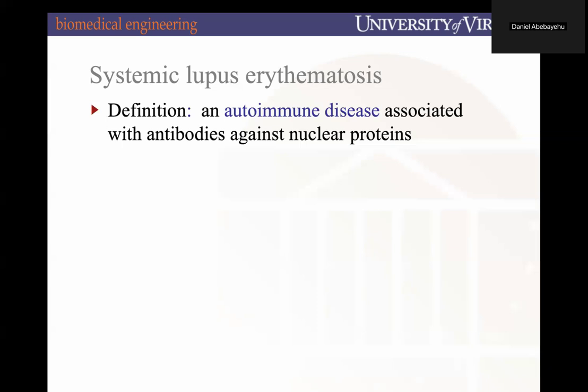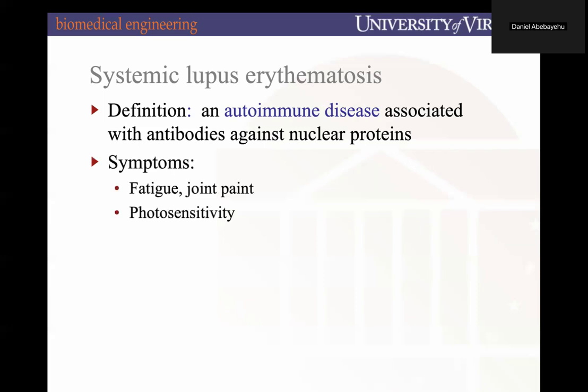What part of self is identified as foreign is going to be unique to each autoimmune disease. And in the case of lupus, we actually raise autoantibodies. Autoantibodies are the antibodies in the autoimmune disease. We develop antibodies against our own nuclear proteins.